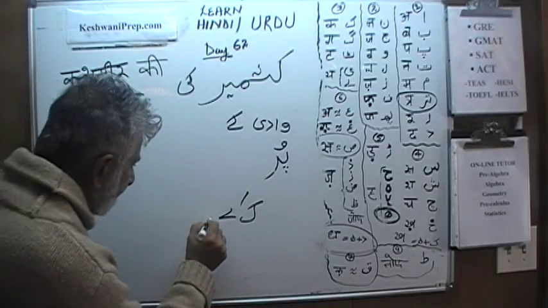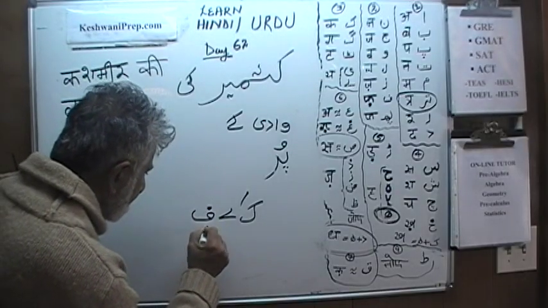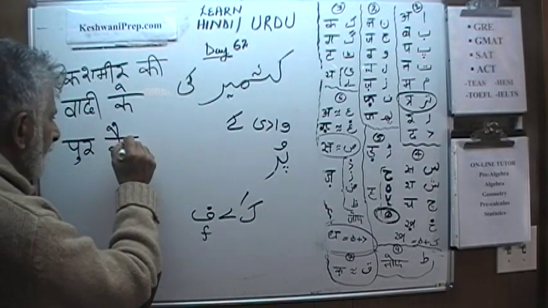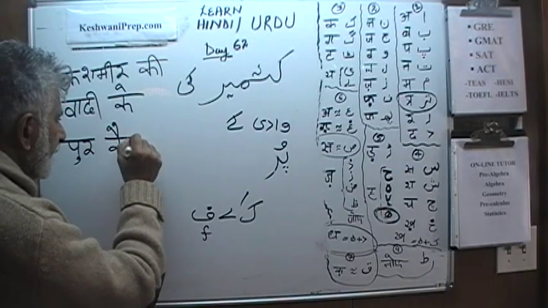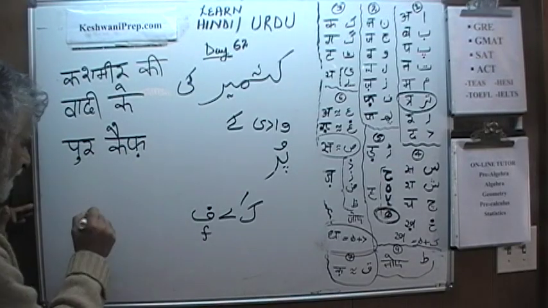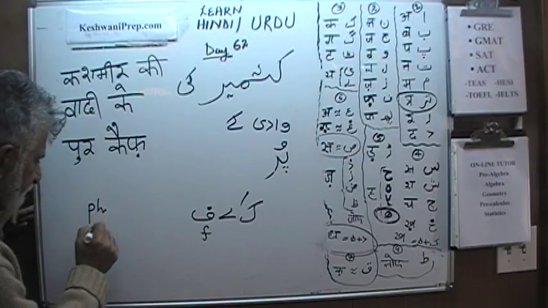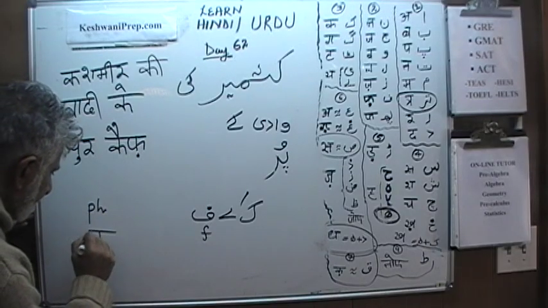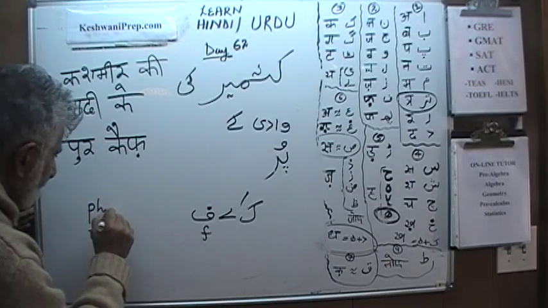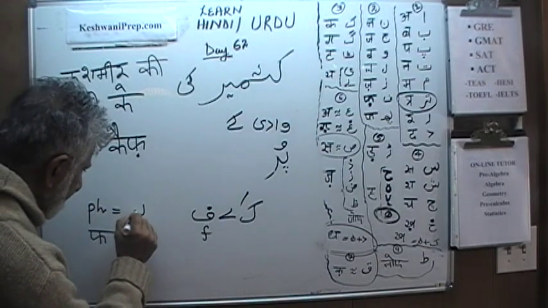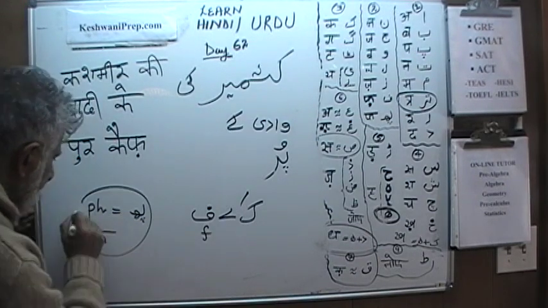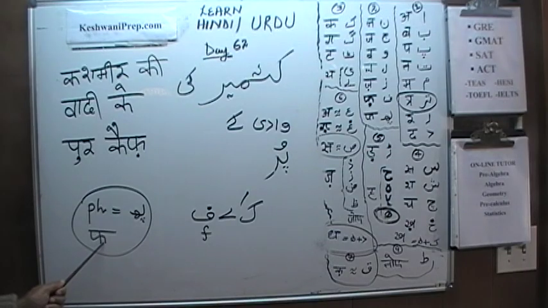And then we have a fe. Fe is letter F. Right there. To remind ourselves that we're not dealing with pH, pH would simply be this part, which is written in Urdu as P and H. That's pH. We're not dealing with pH.